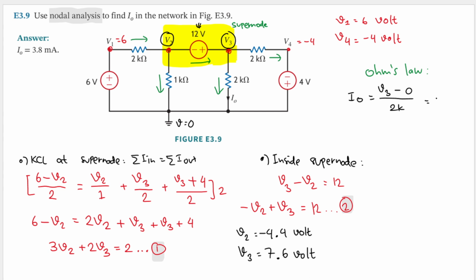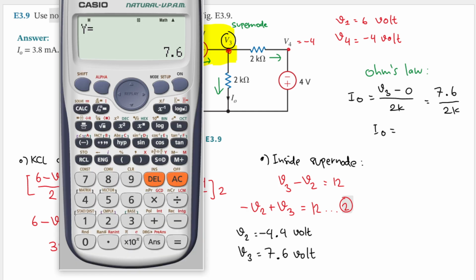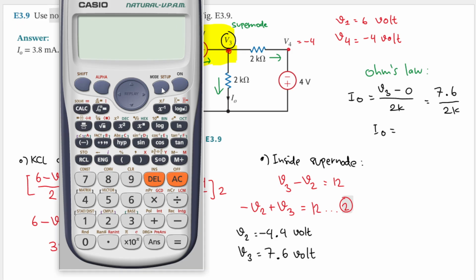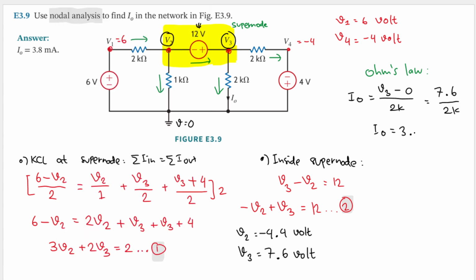V3 is 7.6, so 7.6 divided by 2 kilo. One over kilo is milli, so 7.6 divided by 2 is 3.8, and the unit is milliampere.